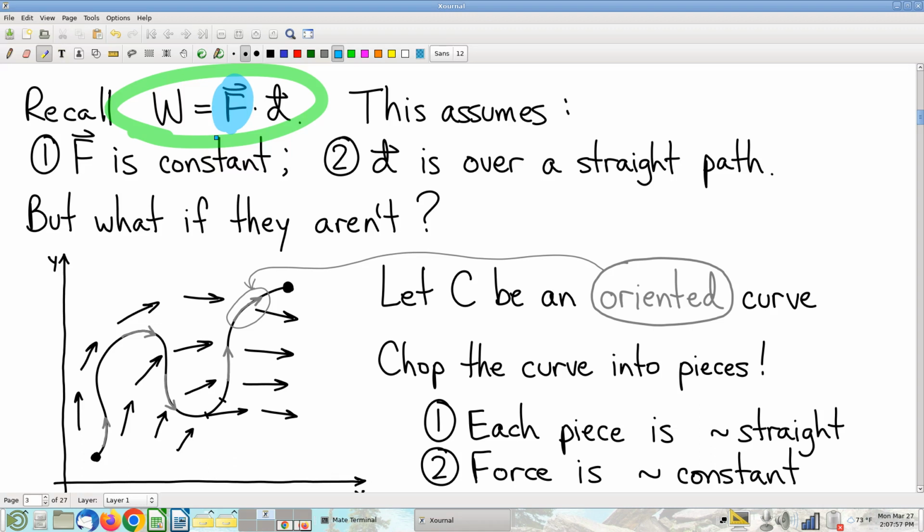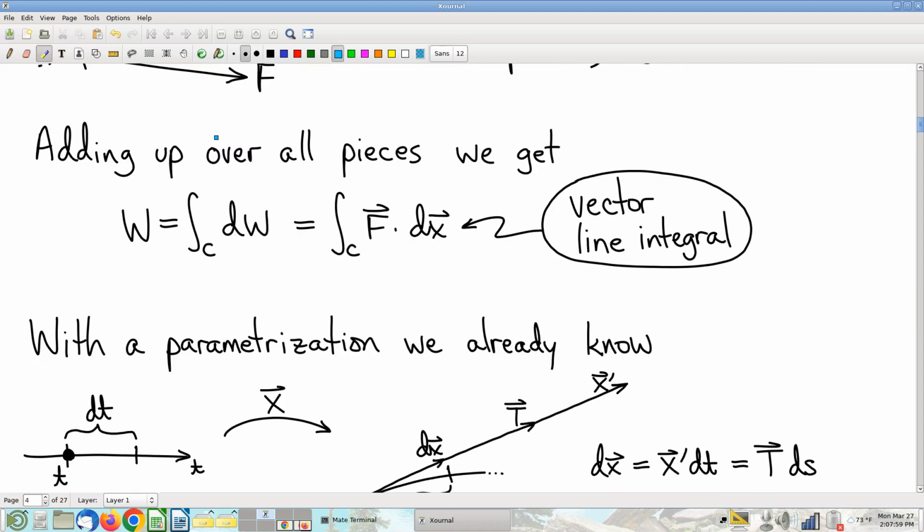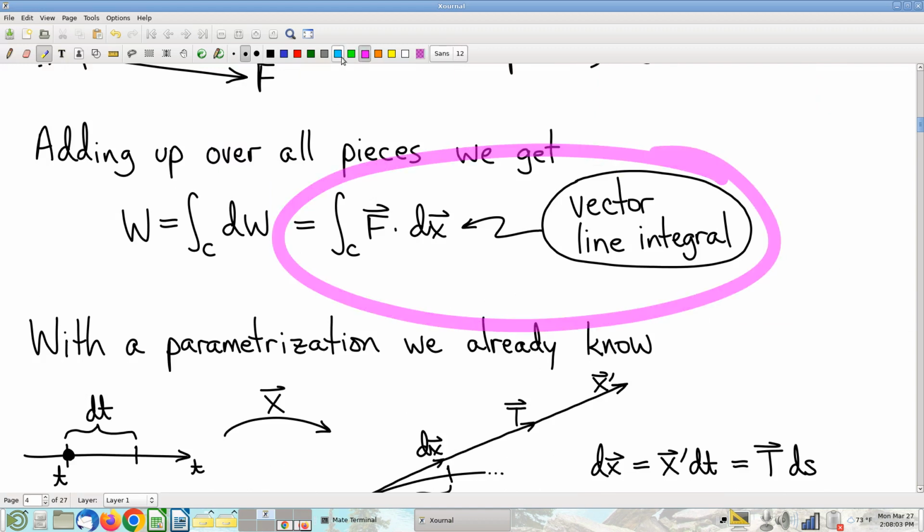Said differently, if I am looking at a vector line integral like this, if the vector field represents forces, then I know how to interpret this expression. When I'm talking about forces, this expression means work.